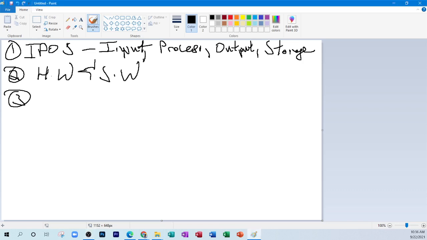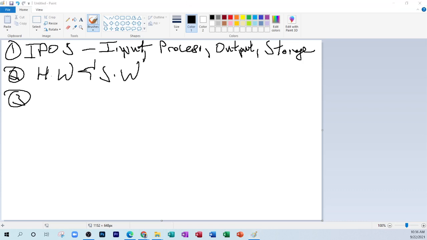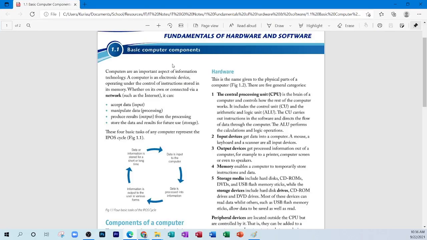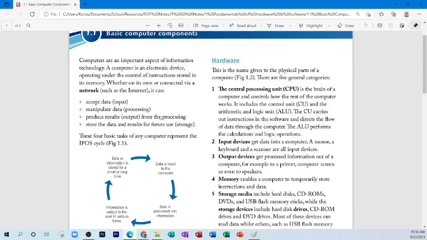Well, it's actually 5. 5 categories hardware has. So, very good on the revision. I'm hoping from the next class we can hear from a little more persons.